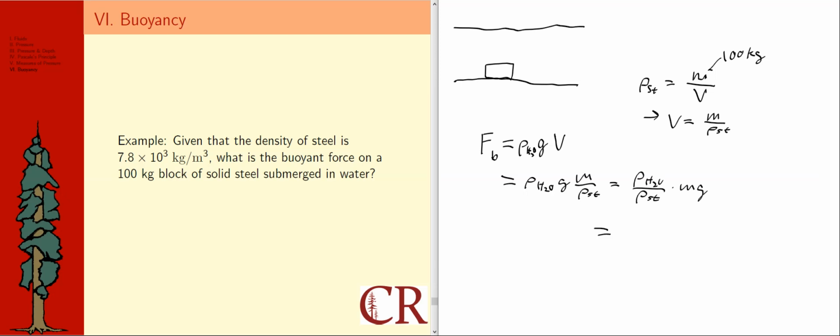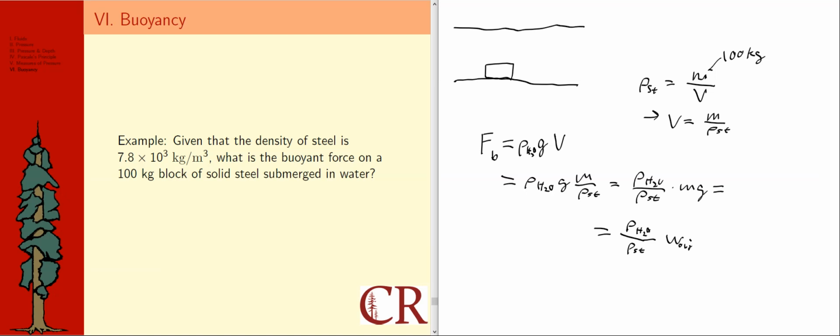And so the formula that we had on the key concepts page was rho of the fluid, this one's H2O for this specific situation, divided by rho of the object, which in this case is the density of steel, multiplied by the weight of the object. So that was the formula again on the key concepts page, but specific to this scenario. So we've seen how that can come from this general formula for a situation like this.